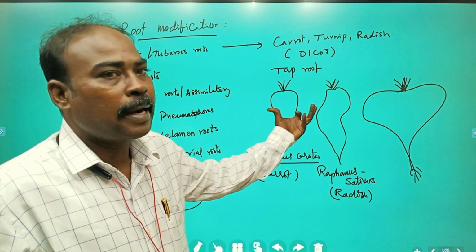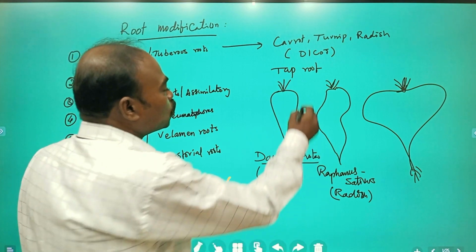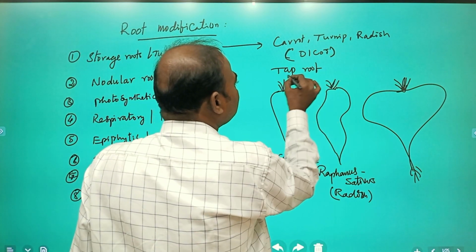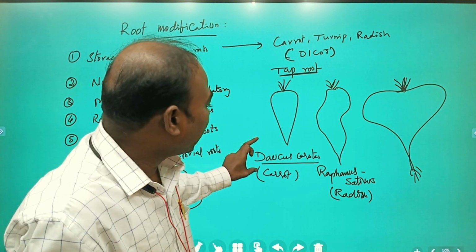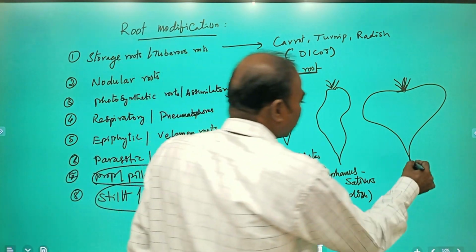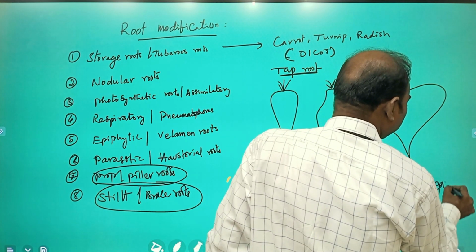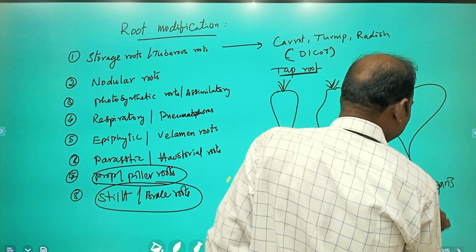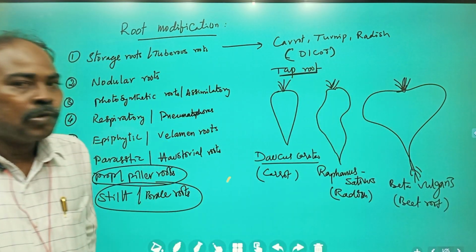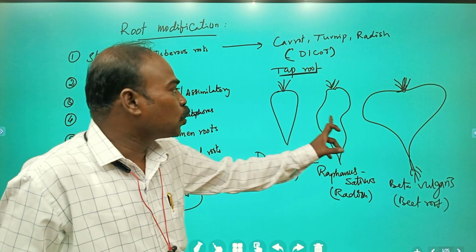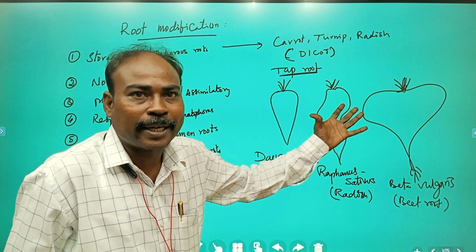It stores the food material and becomes bulged and tuberous. These roots belong to dicot plants, where the taproot stores food material. Daucus carota, Raphanus sativus and Beta vulgaris, beetroot. So in these plants, the taproot stores food and becomes bulged and tuberous.